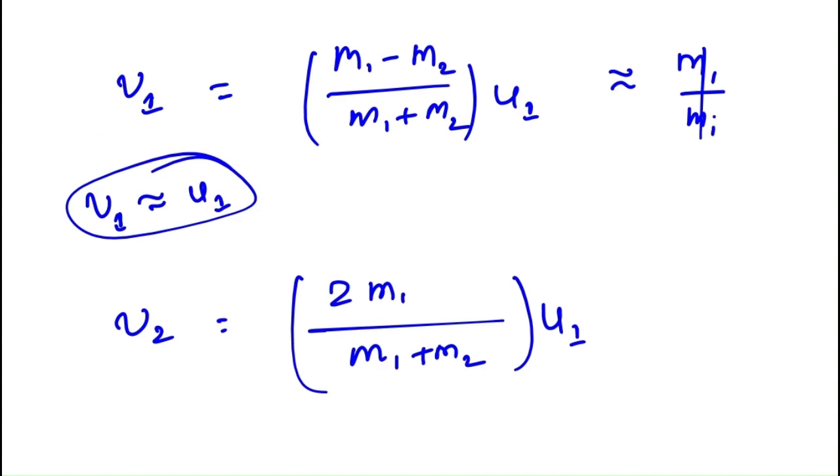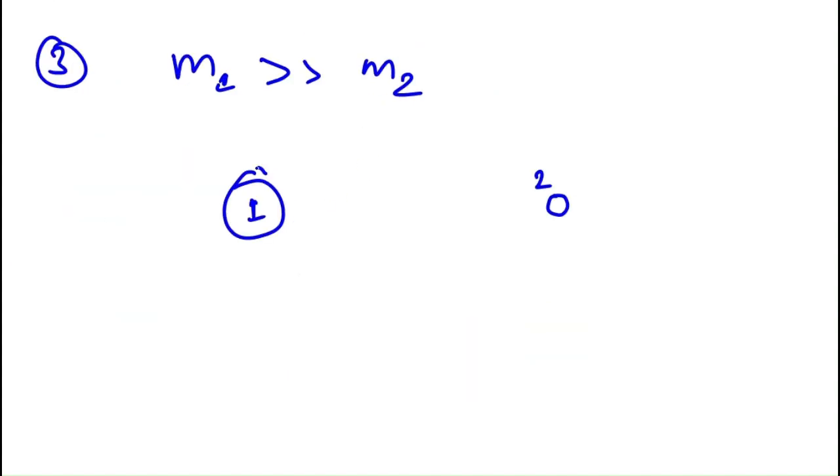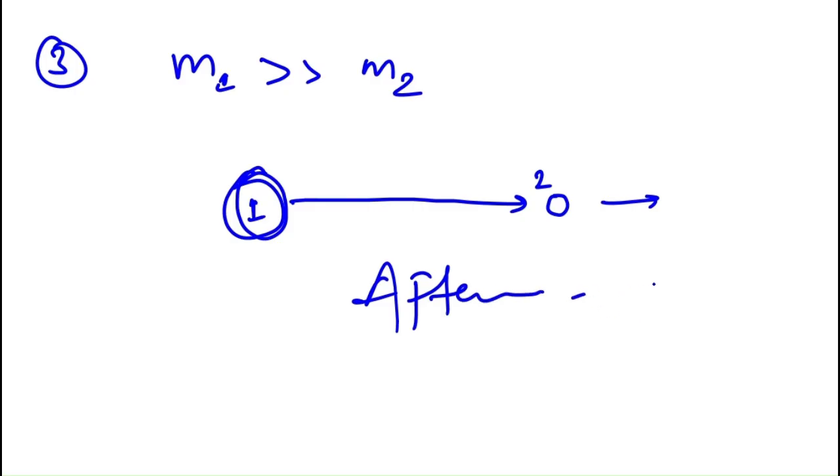What does it mean? It means if this body is much heavier, after collision it is going to continue with the same velocity. Its final velocity will be in the same direction and the magnitude will be the same as it was earlier. And what about the second one?